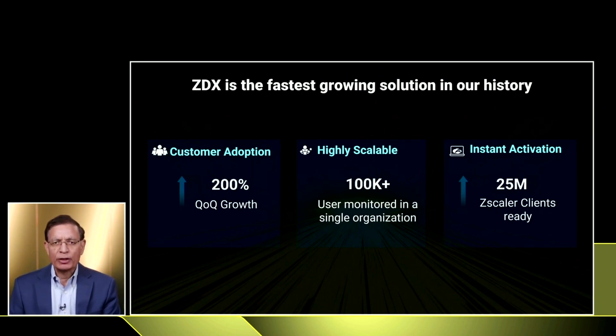But ZDX allows you to make sure you can pinpoint where the issues are, so you can deliver fast experience. You can also deliver reliable experience because if there are issues, you can help them resolve pretty quickly. So very excited to help our customers meet the goal of delighting their users.